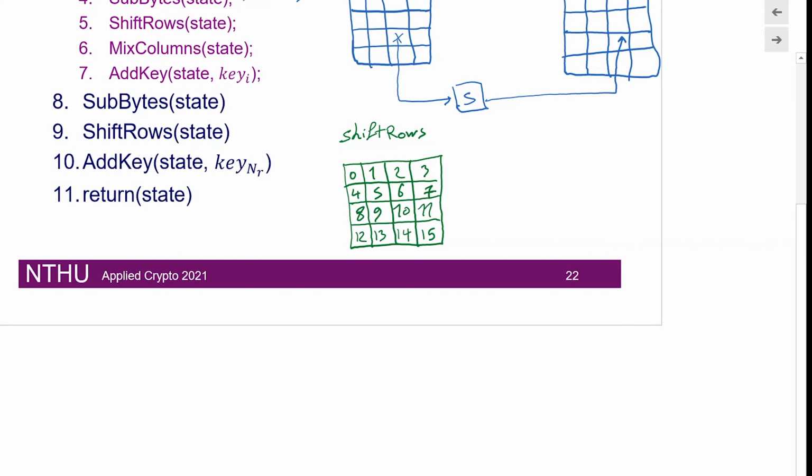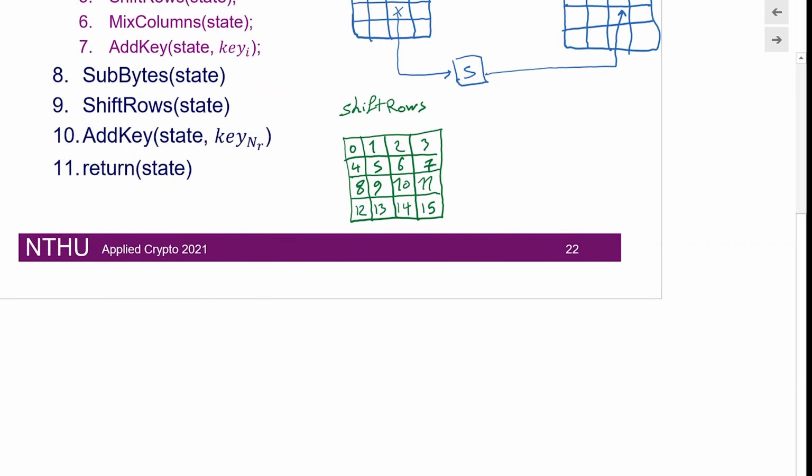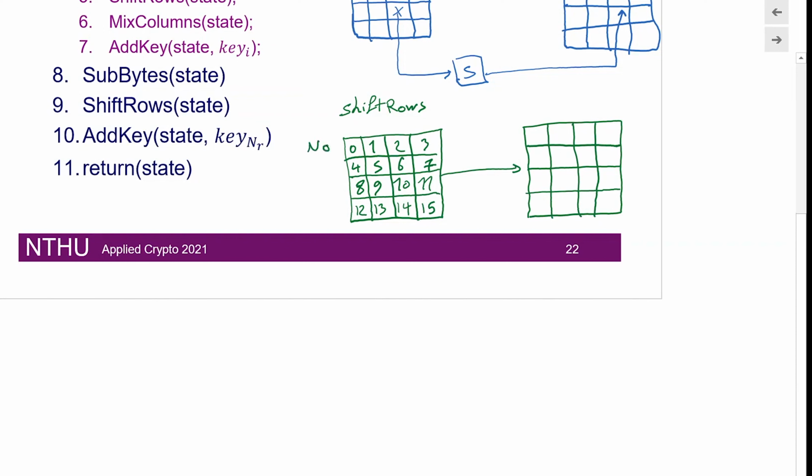I remember I denote them like this. And after doing shift rows, this would be the corresponding table. Okay, so the first row, I don't do any shift. I just let it be as it is. So I just copy paste it.